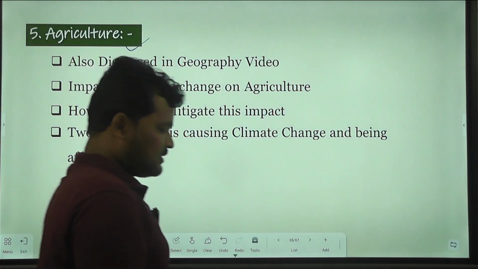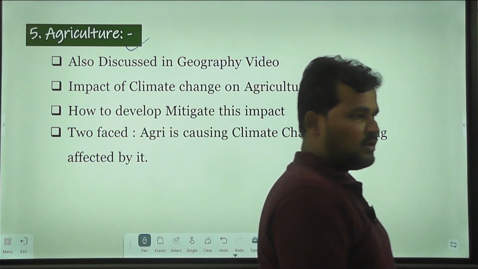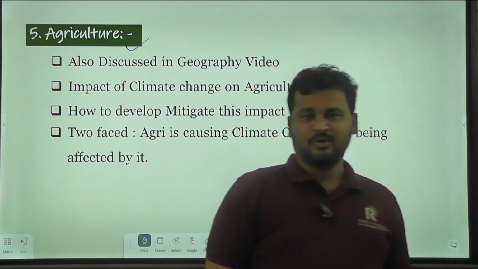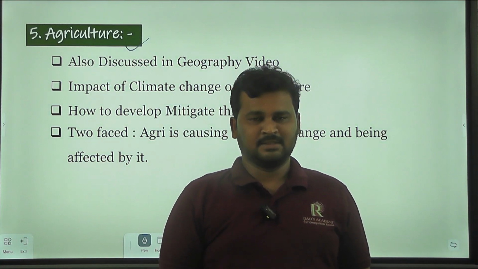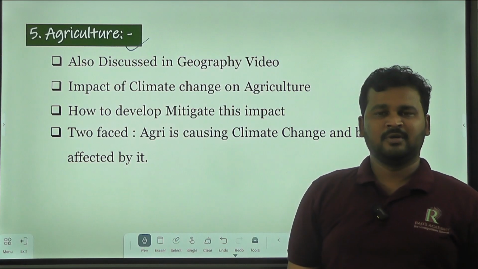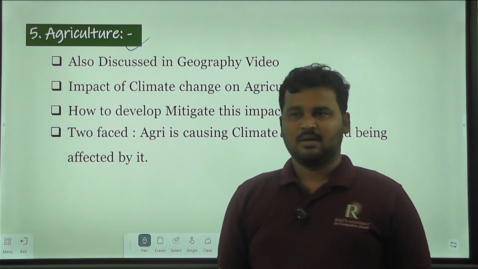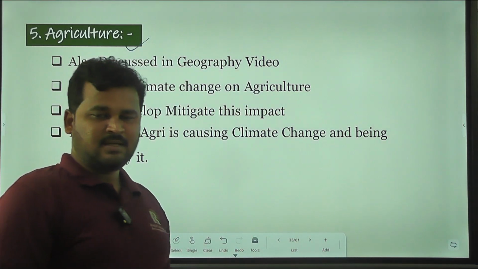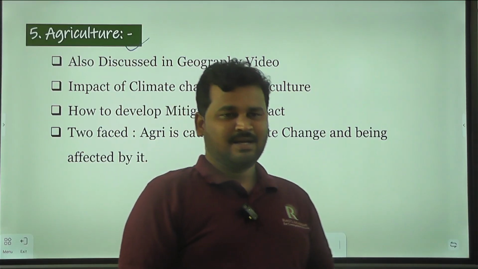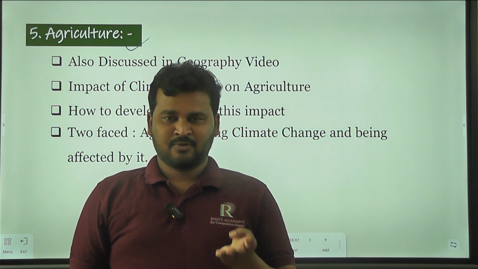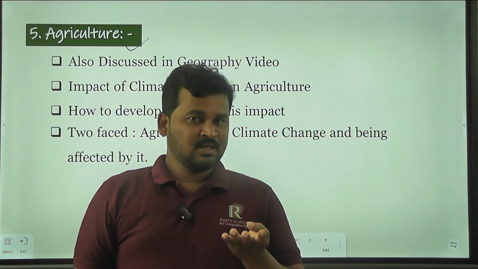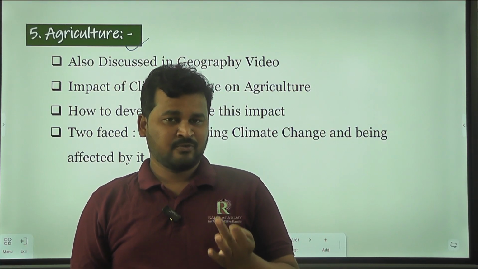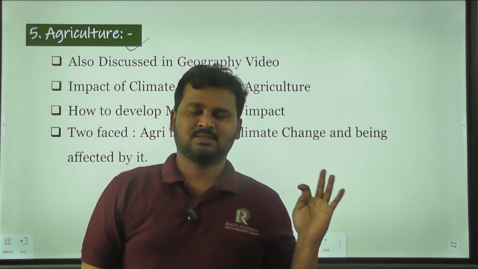Agriculture is also a very important one. I have already discussed agriculture in the geography video, and I mentioned in that video that in agriculture we have to refer to crops, seasons, and types of crops grown in various seasons.